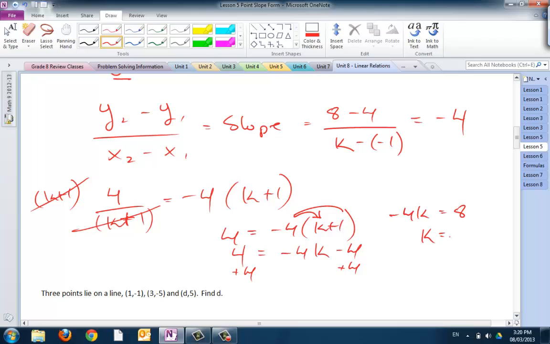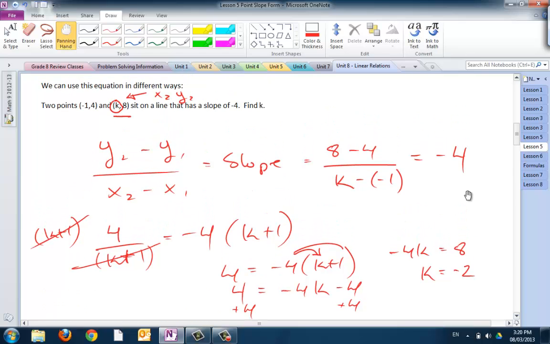K is equal to 8 divided by -4, so that's going to be -2. So if the question says find k, we now know that the x variable is going to be -2. So that ordered pair k, 8 would be -2, 8.